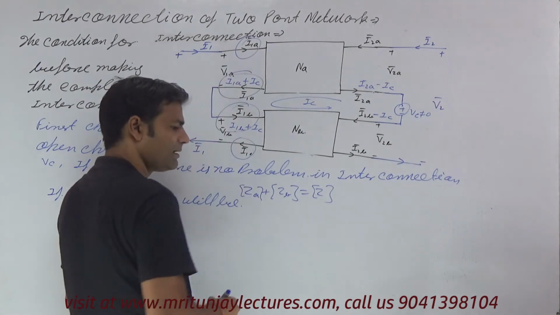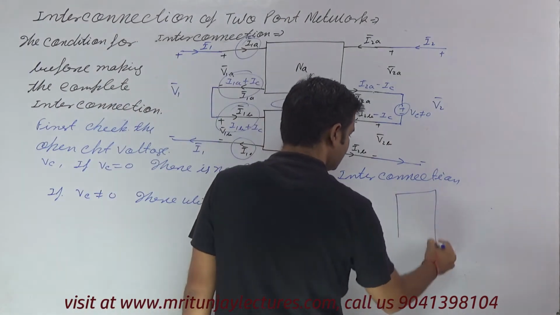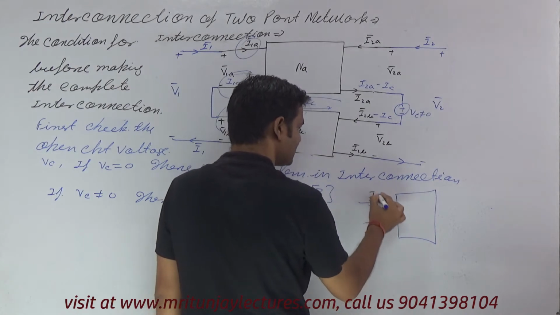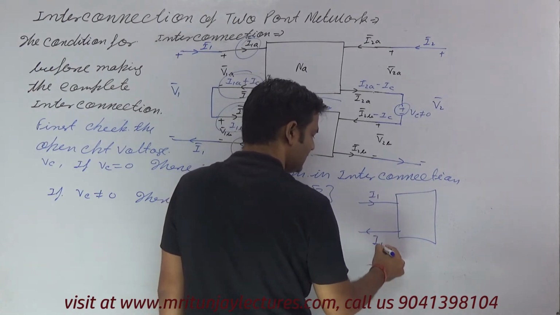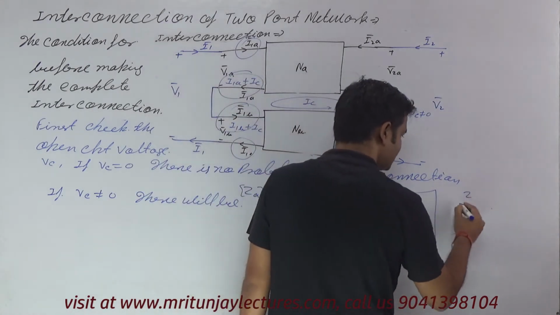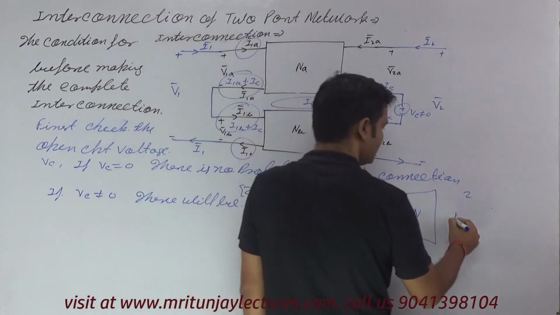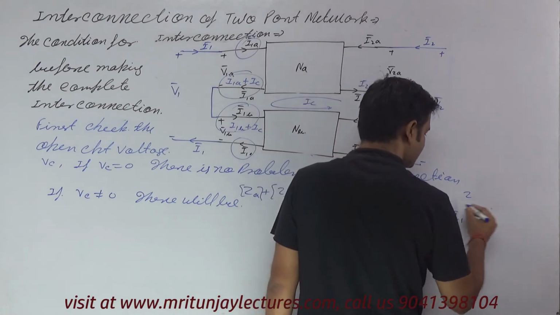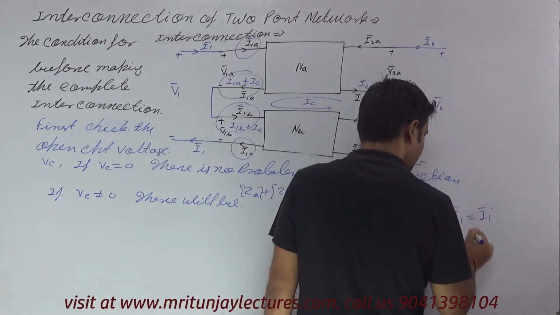According to the two-port network, if the current at I1 and the current at I1 dash are equal, only then do we get the Z parameter. If I1 is equal to I1 dash, then we get the Z parameter.